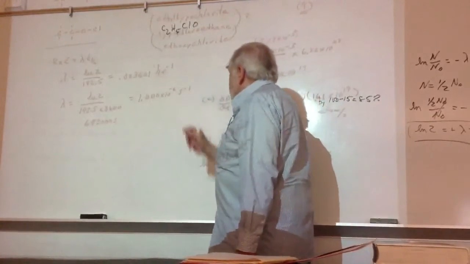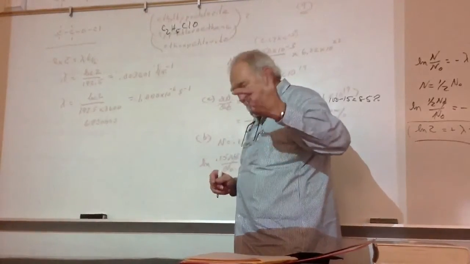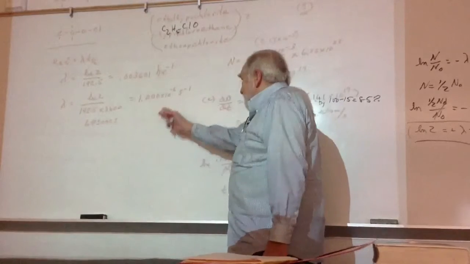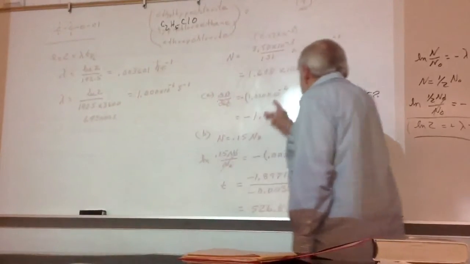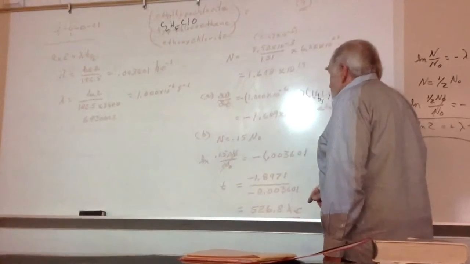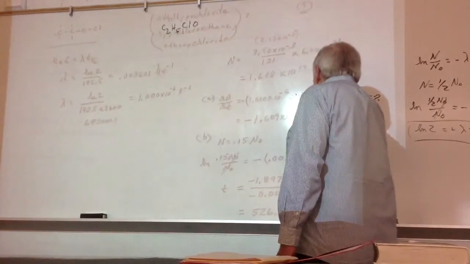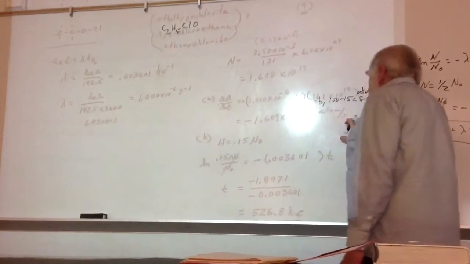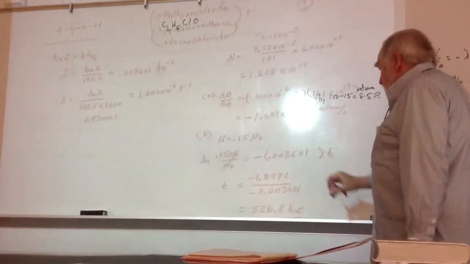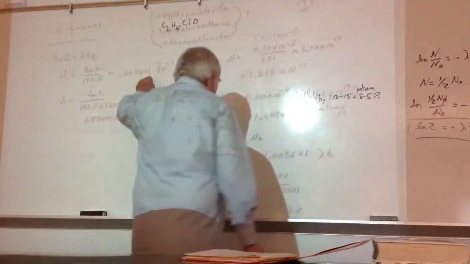You could have converted this to seconds. It's just you have to do the reciprocal of the time conversion. So I just figured it's easier to convert the time to seconds than to recalculate the rate constant. So you use this one in reciprocal seconds, and this is atoms. So it comes out atoms per second. But the other one said how many hours, so that's why I needed this other rate constant.